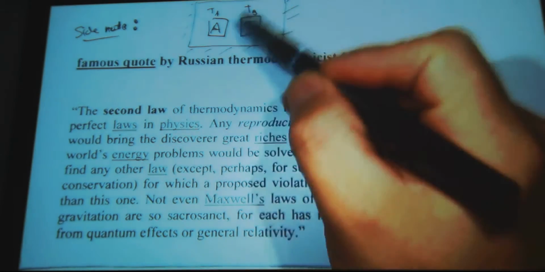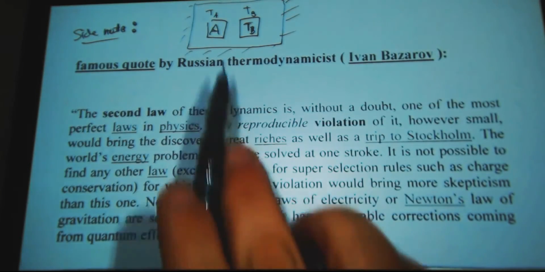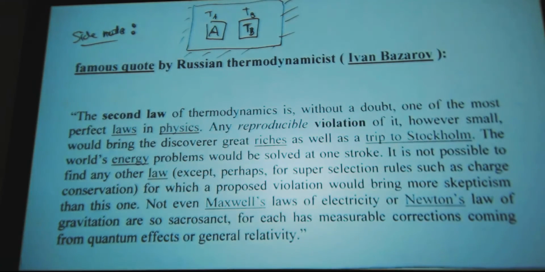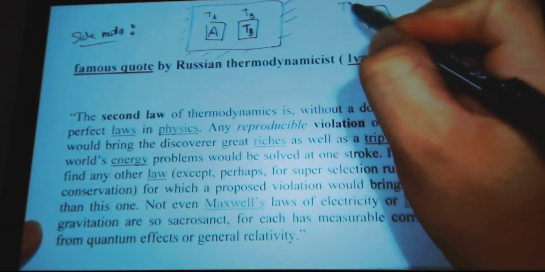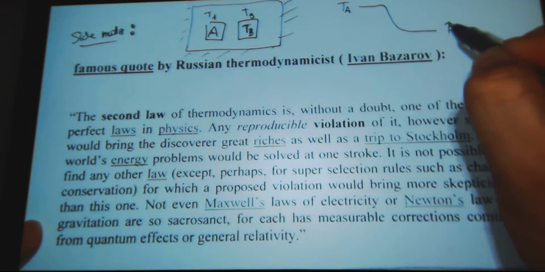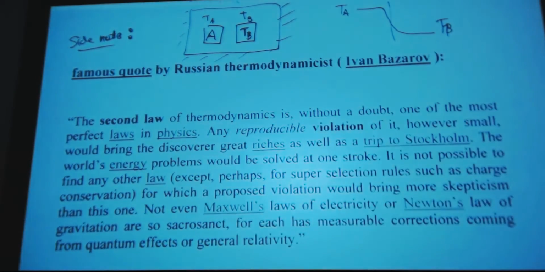So this is all vacuum, and they spontaneously touch each other, and because they're at different temperatures, a temperature gradient forms. If I were to plot, I'd have some temperature A and temperature B, and I would immediately get some temperature distribution as they contact each other.